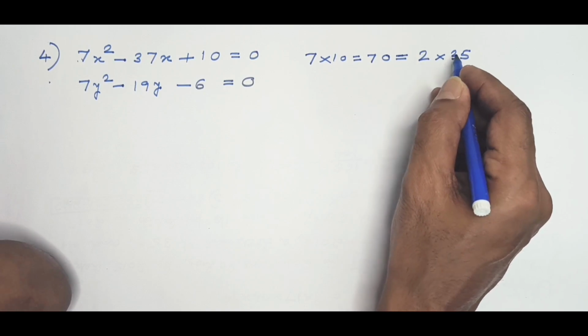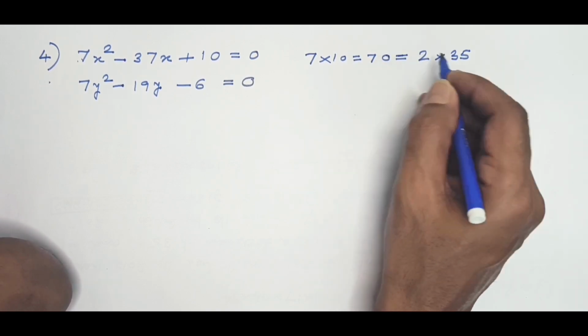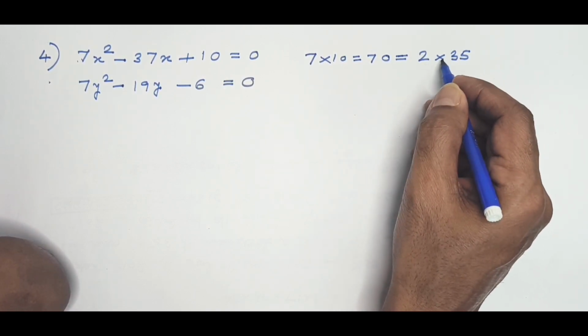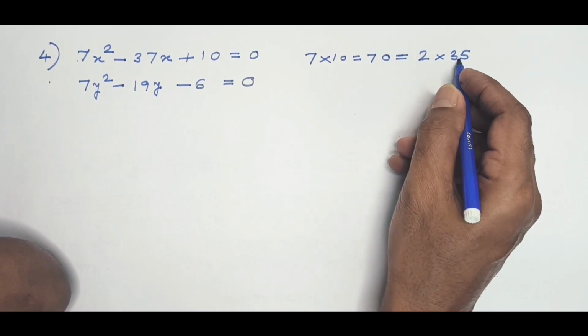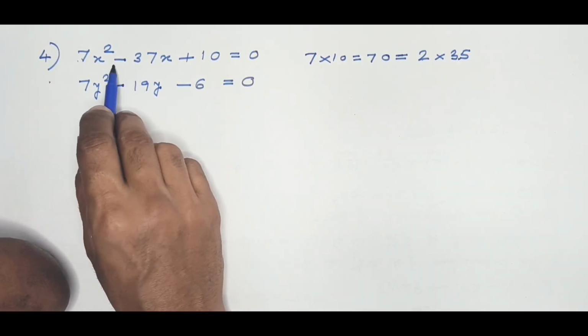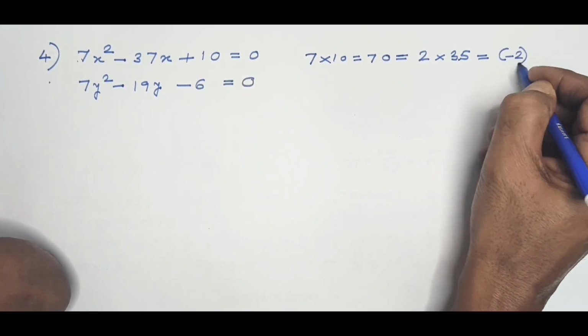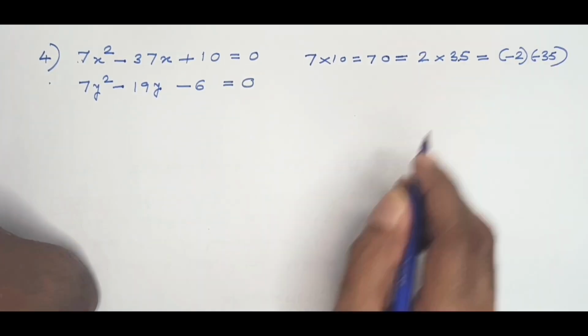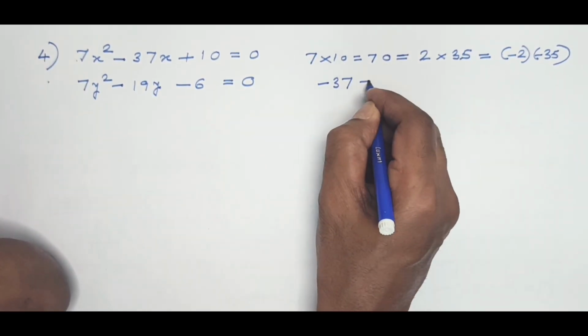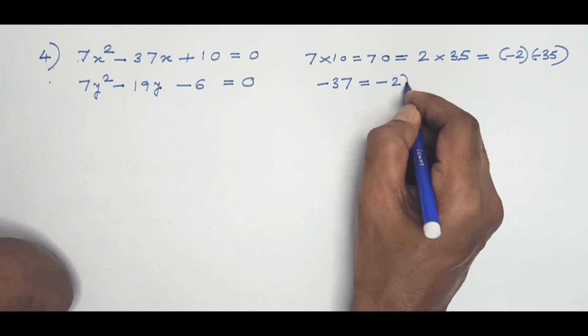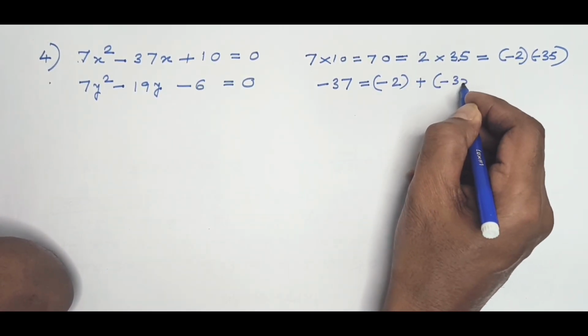There are other ways of factorizing 70 into two numbers, but we go for this because 2 plus 35 is 37, but 37 has a negative sign. So I will write this as minus 2 multiplied by minus 35. So minus 37 equals minus 2 plus minus 35.